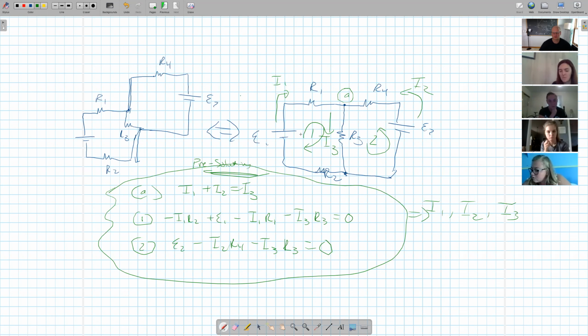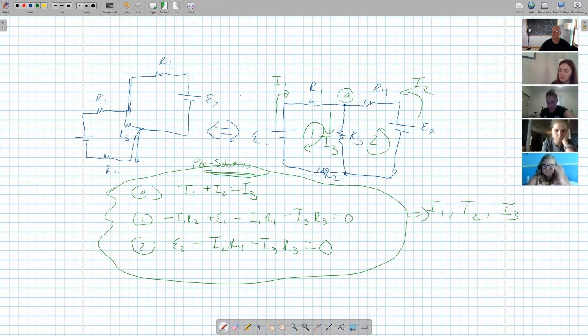And then for loop 1, looking at the left-hand side, starting down here, I got minus I1 R2 plus E1 minus I1 R1 minus I3 R3 equals 0. And for the other loop, starting in the same place, I got plus E2 minus I2 R4 minus I3 R3. So those are my 3 equations.